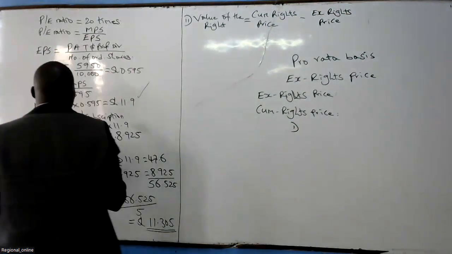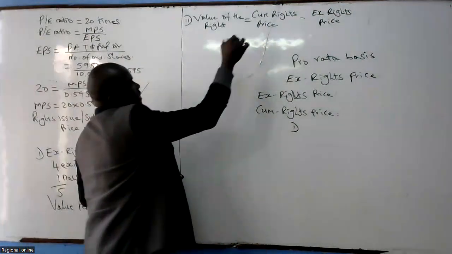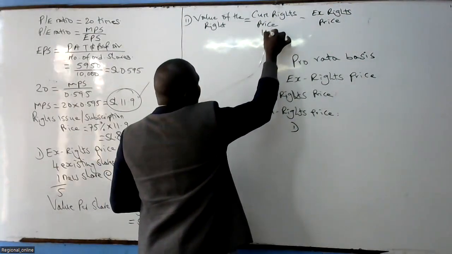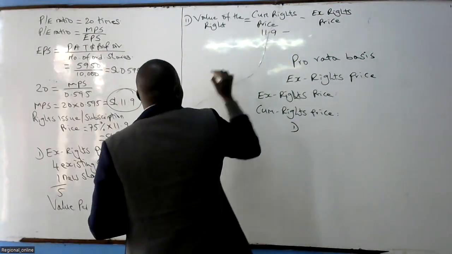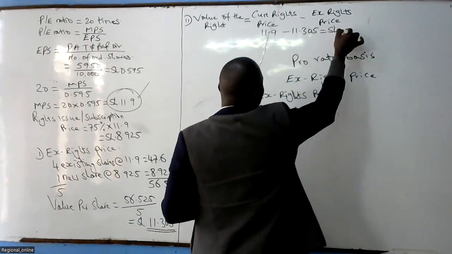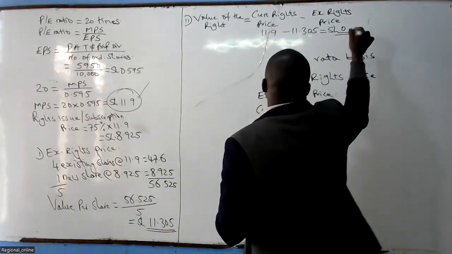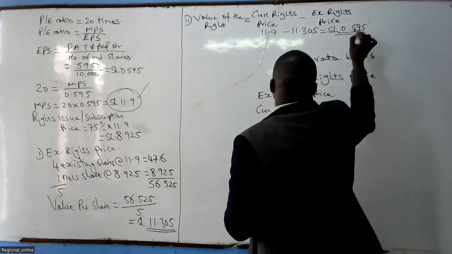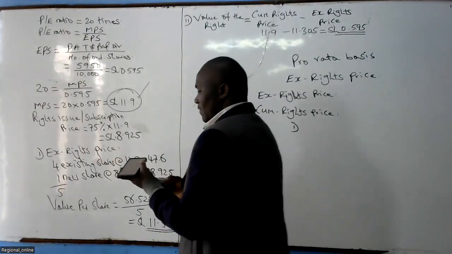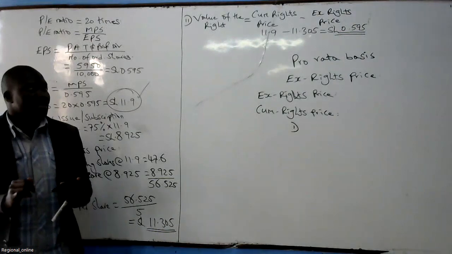Let's say the cum rights price was the price before the rights issue, 11.9. Now the ex rights price we have is 11.305. What is the value of the right? 0.595. So that gives us the 3 marks.